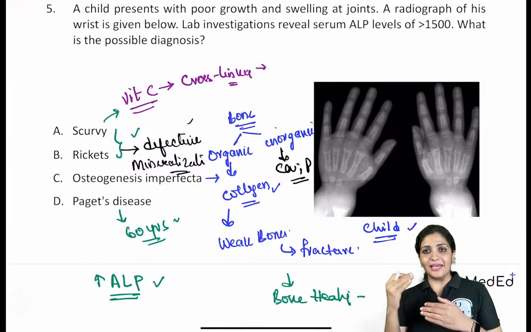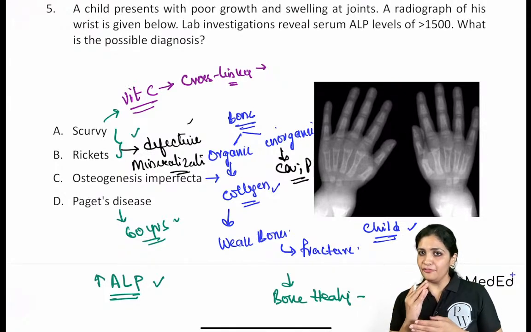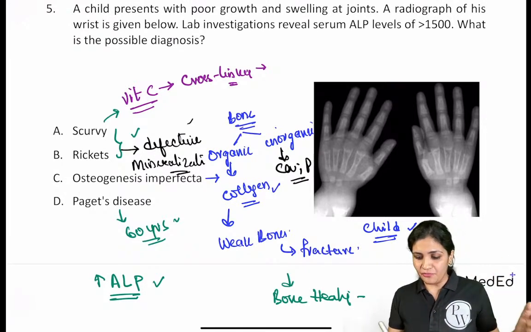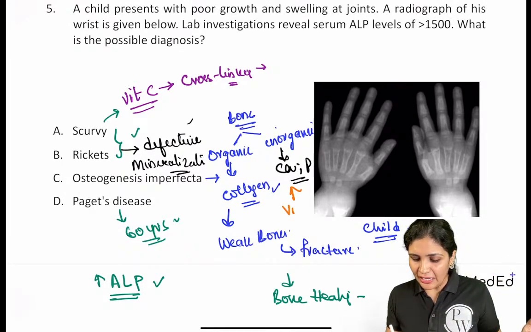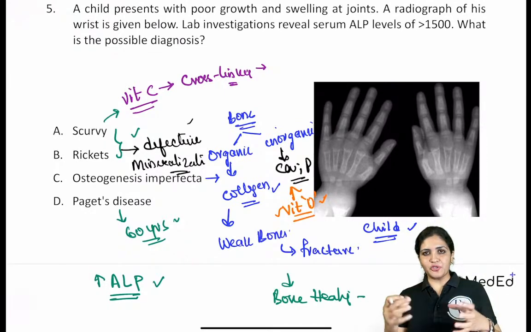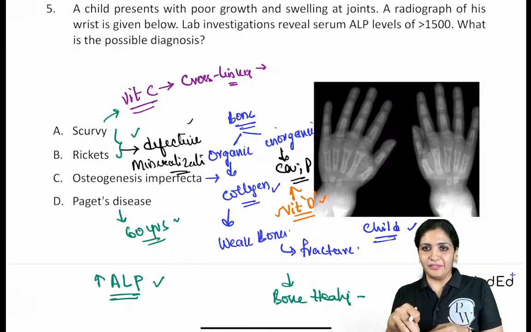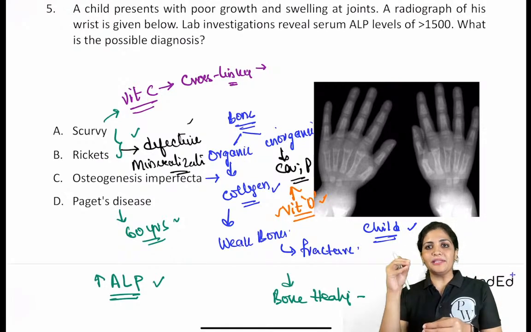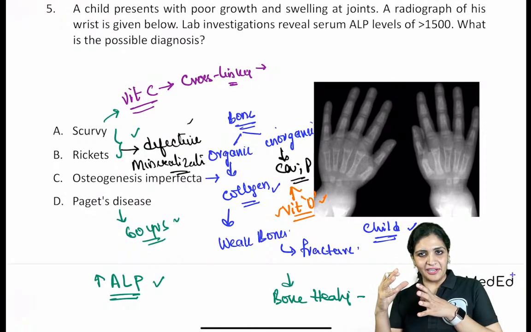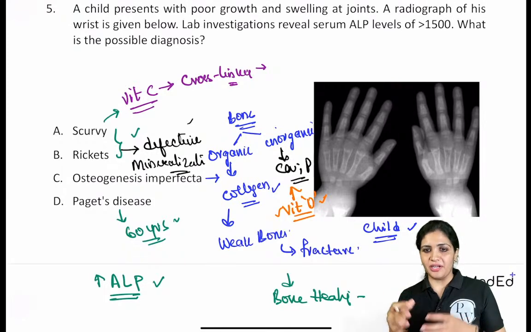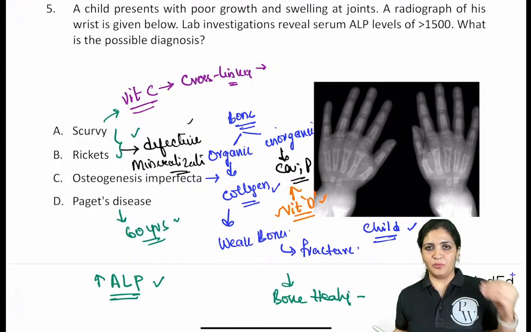Whenever there is a defect in this transport, that is a deficiency of vitamin D, or a deficiency of calcium and phosphorus, you end up with a condition called rickets.